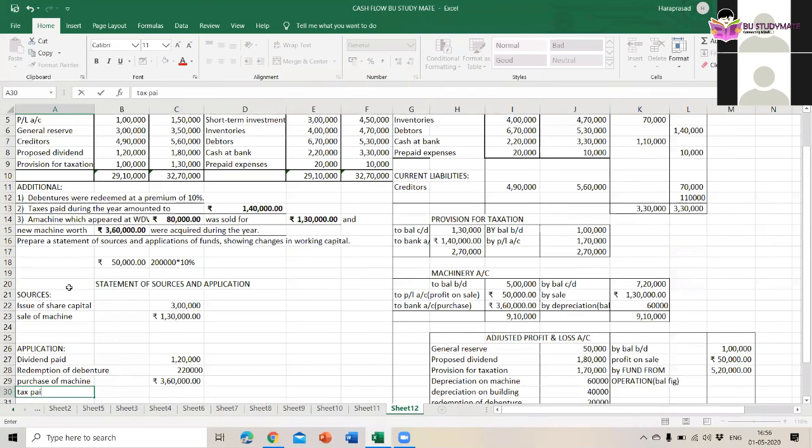Tax paid. How much? 1,40,000 rupees. We have paid the tax.